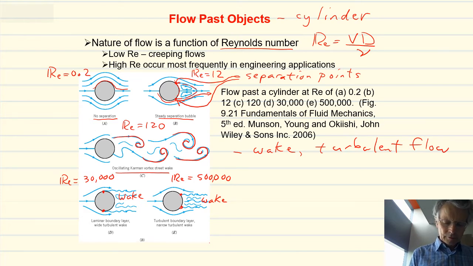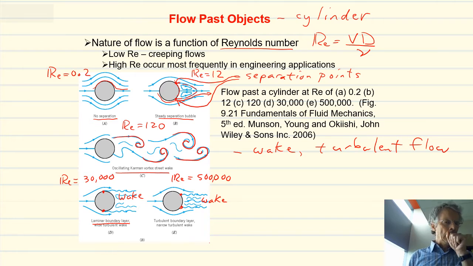In the case of a Reynolds number equal to 30,000, there's a laminar boundary layer formed on the upstream side of the cylinder. So a boundary layer is the region of the flow close to the boundary where the effects of viscosity are important. We've defined this previously. I believe that was in chapter 3.